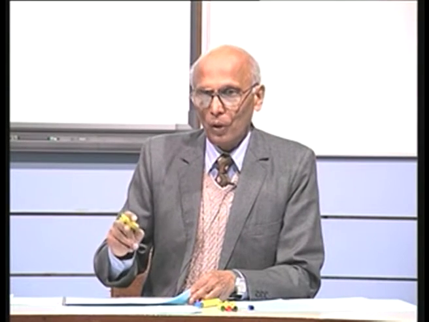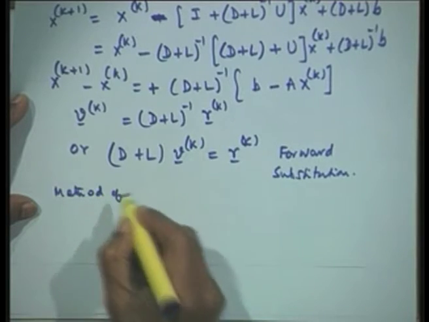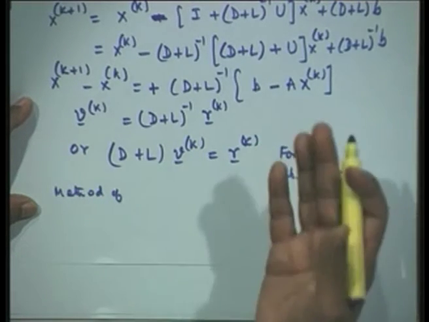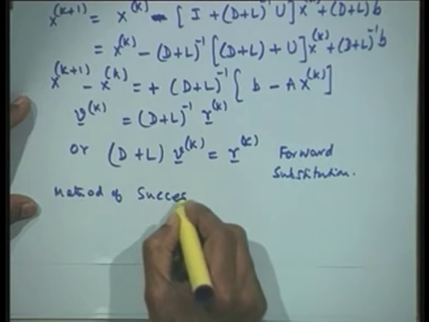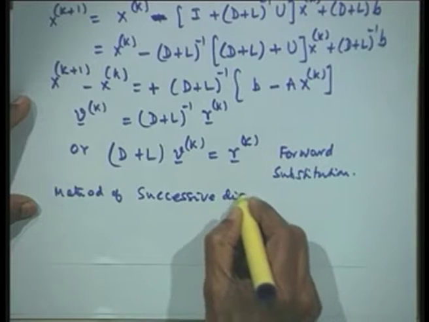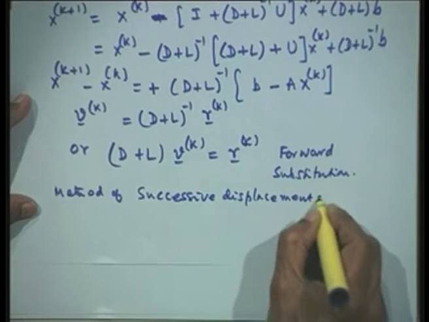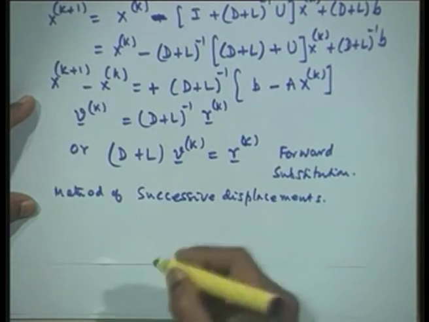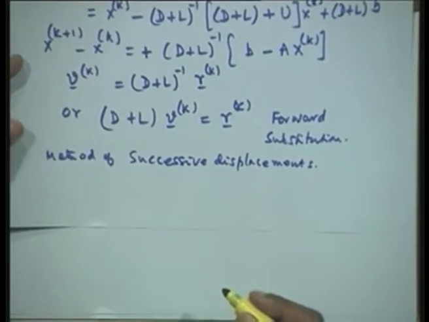In the previous case all of them are displaced on the right hand side simultaneously, whereas here we do it successively. So, this is also called the method of successive displacements.